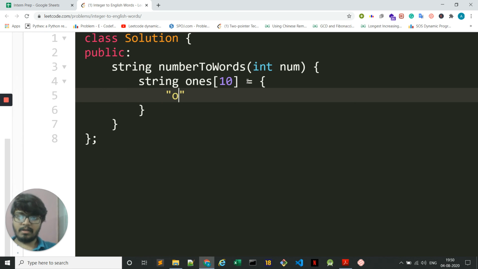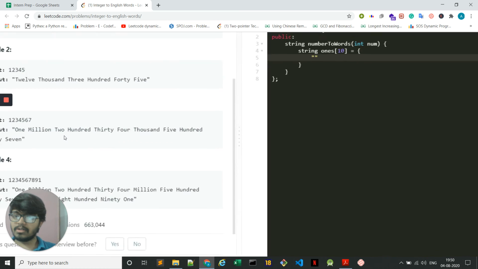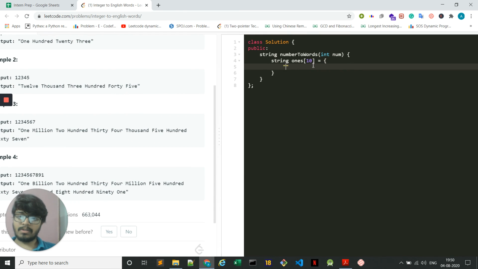Do I need to capitalize or not? So the first letter is always capital.